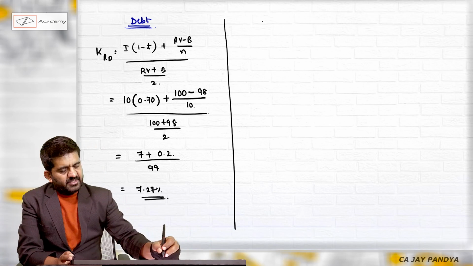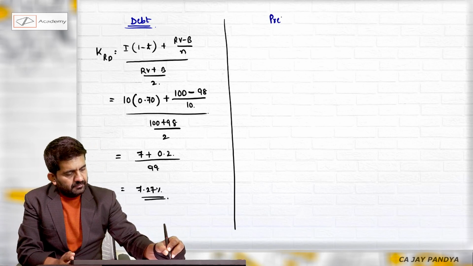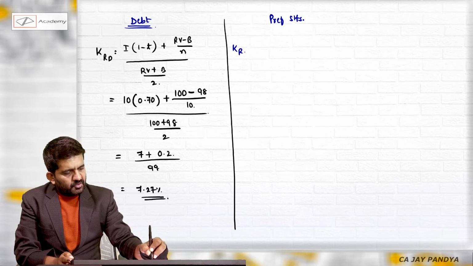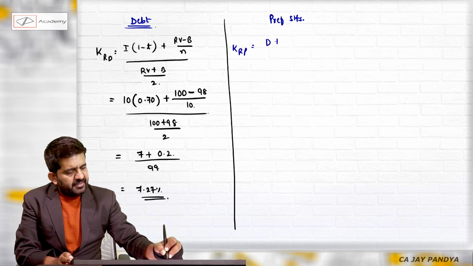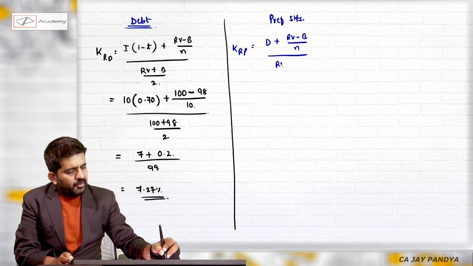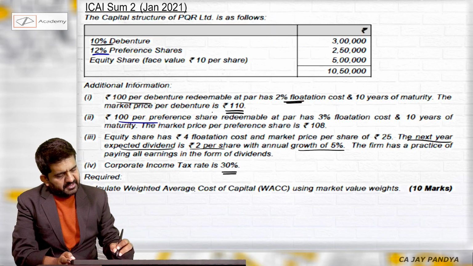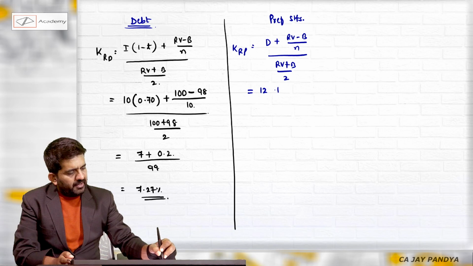Let us go to next, which is preference shares. Cost of redeemable preference shares is dividend plus RV minus B upon N upon RV plus B upon 2. Preference shares are 12% on rupees 100, so 12 rupees.